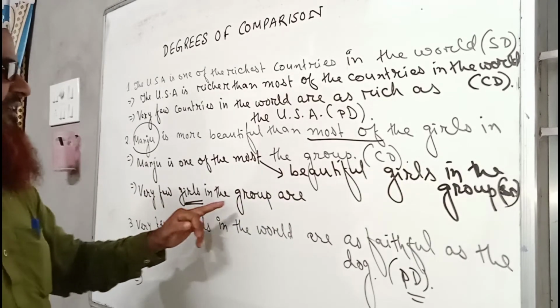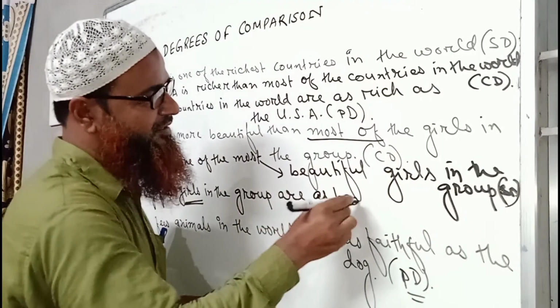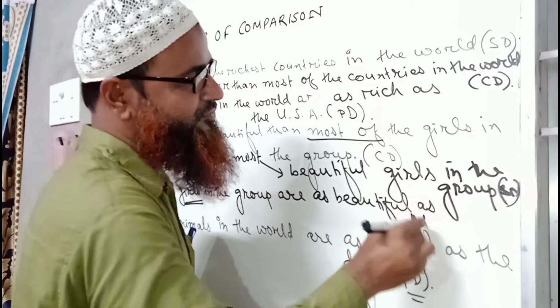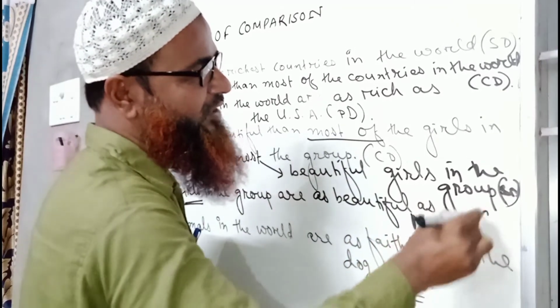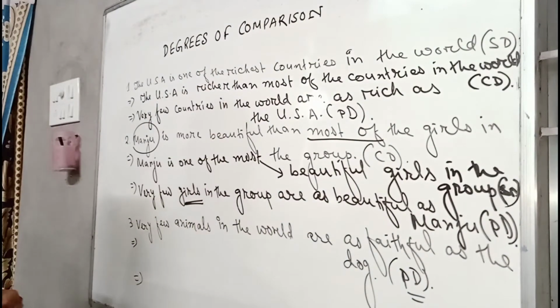Very few girls in the group are as beautiful as Manju. Okay, as beautiful as Manju. This is positive degree of these two sentences.